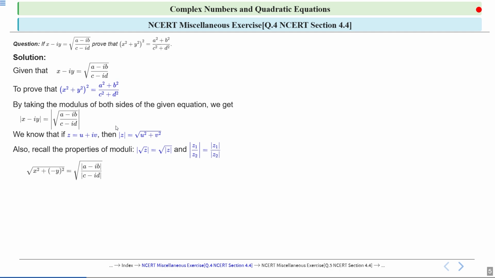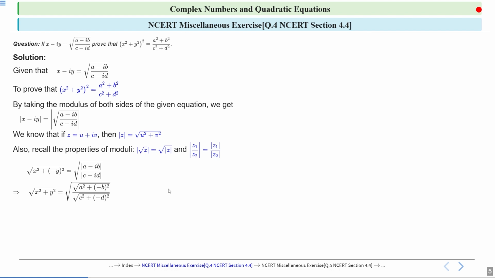Applying these properties, we get square root of (x square plus minus y whole square) equals square root of the absolute value of (a minus iota b) divided by the absolute value of (c minus iota d). Now let's write the modulus of a minus iota b and c minus iota d explicitly.